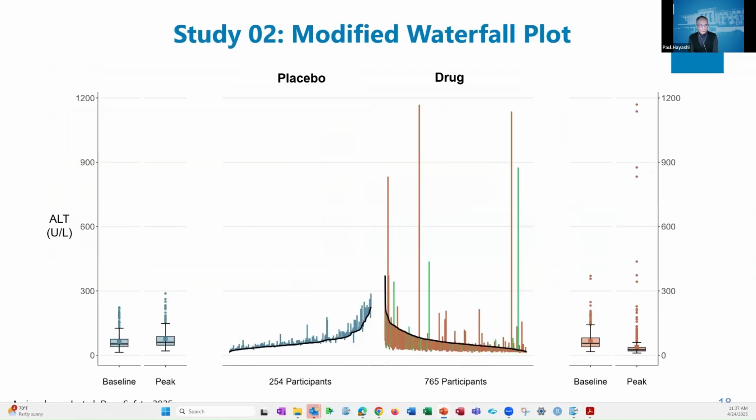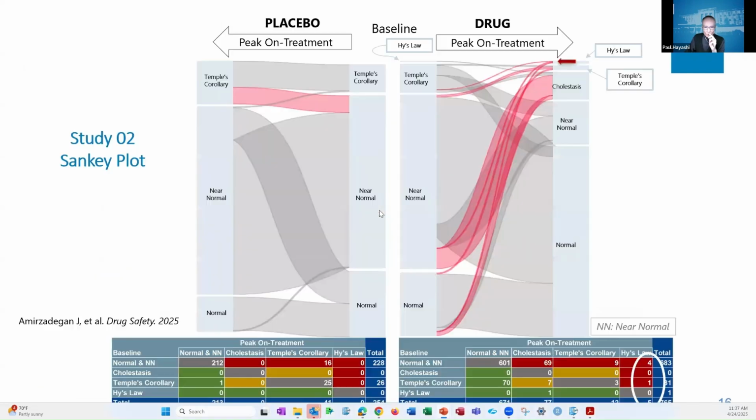The other plot that I'll give you is called a modified waterfall plot. Now, I will point out that this is study 2, the same study I just showed you. The reason we like this plot, or we thought of it, is if you remember in study 2, there was hardly anybody that was jaundiced. Nobody in cholestasis, and really nobody in Hy's Law.